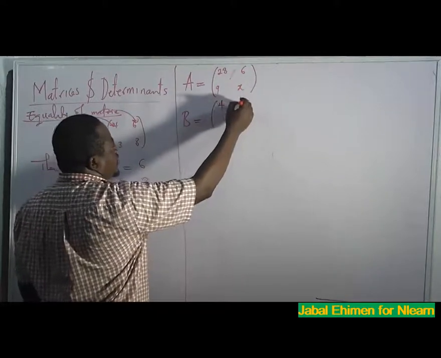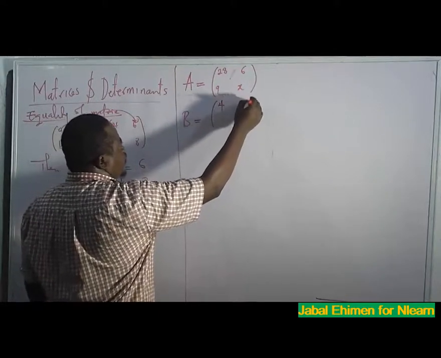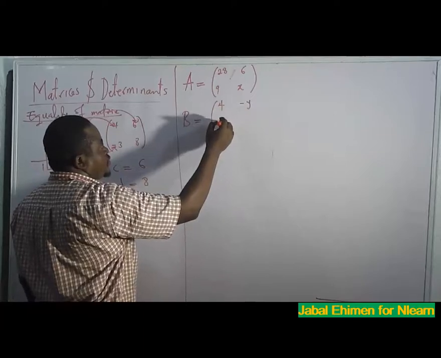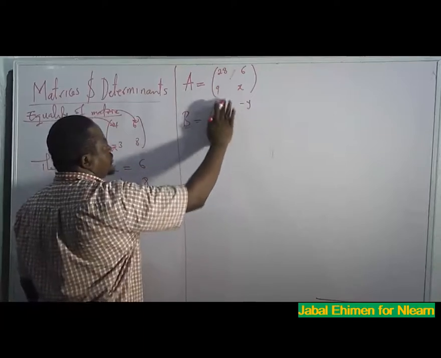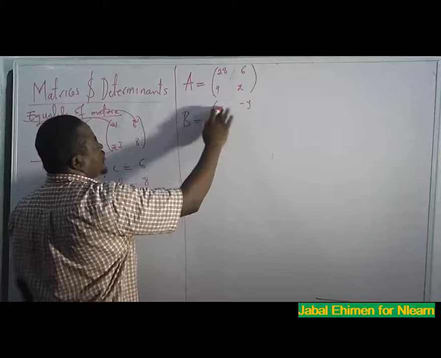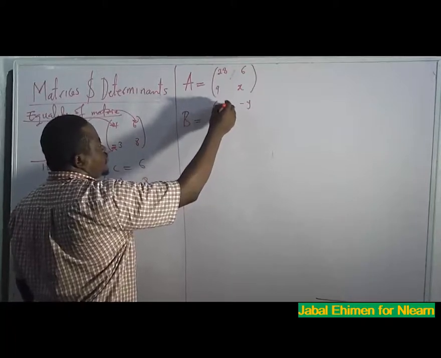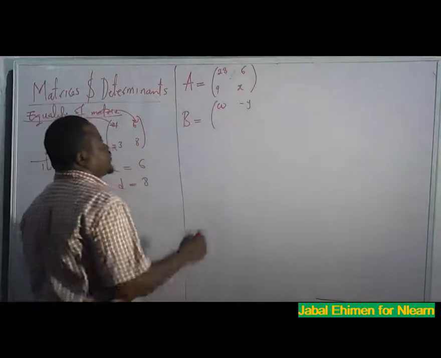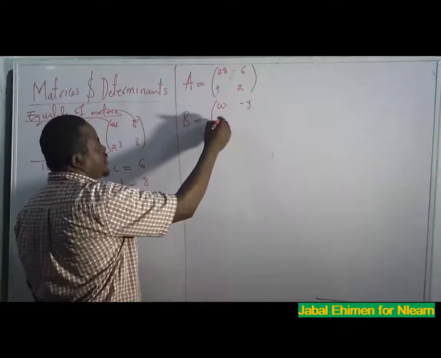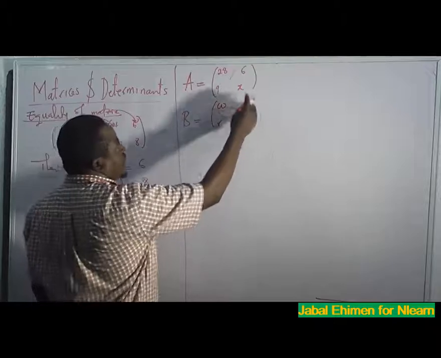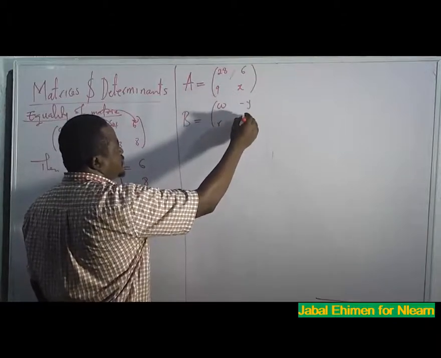4, minus Y, okay, this is W, that's minus Y. I have this to be R, and I have this to be 16.